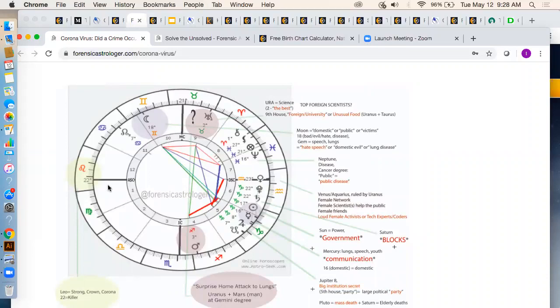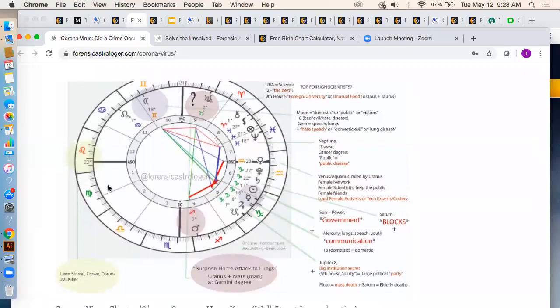All right, so let's look at the ascendant. It's placed in Leo. Leo can represent royalty, crown, a party, family, and it can also represent corona, which means crown. And at 22 degrees, that represents the kill or be killed degree. It can mean in crime charts very destructive energy.